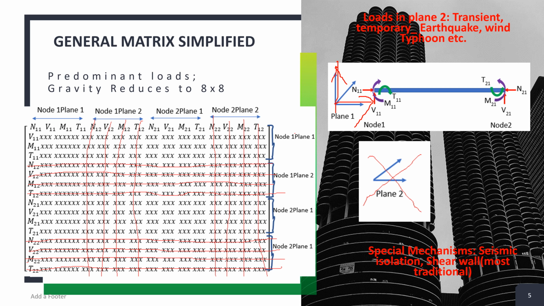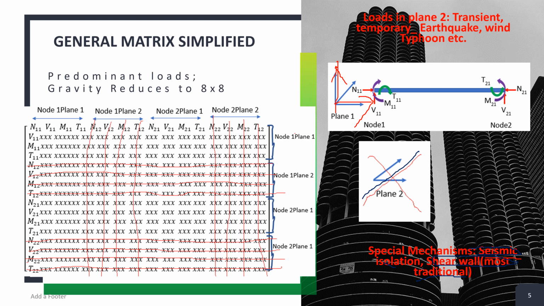So for this, we have special design considerations. For example, for earthquake, you can talk about seismic isolation, or shear walls to carry horizontal forces. So these are some of the mechanisms to deal with the transient forces.